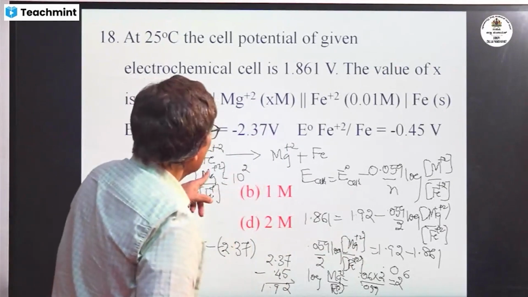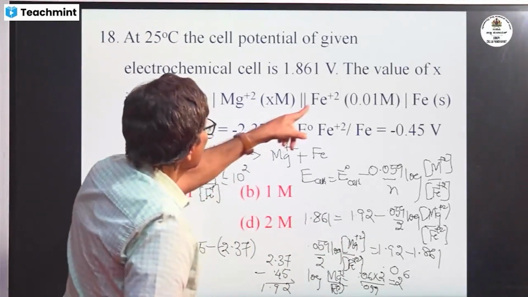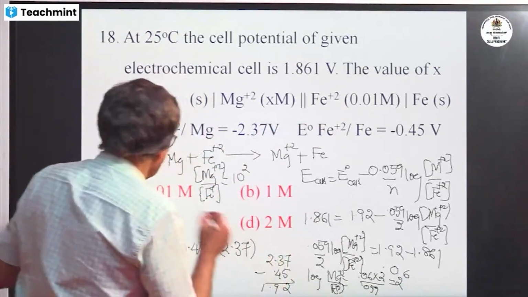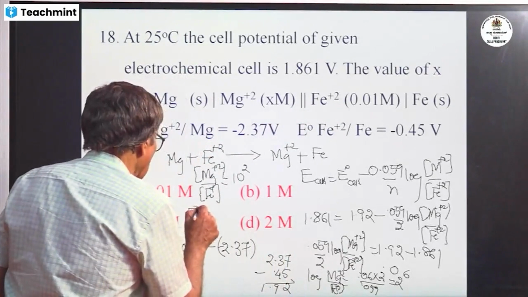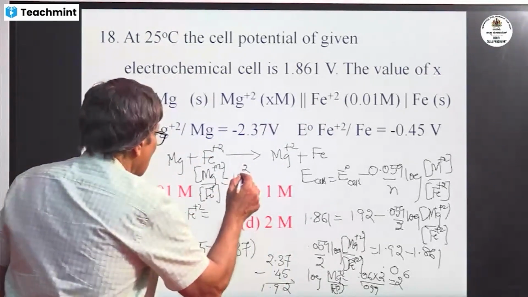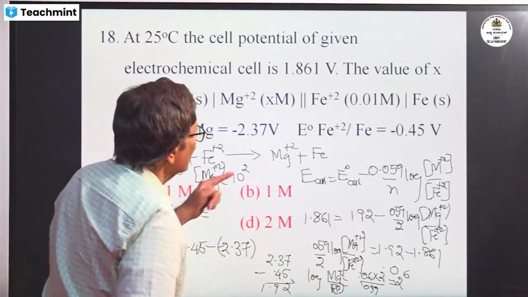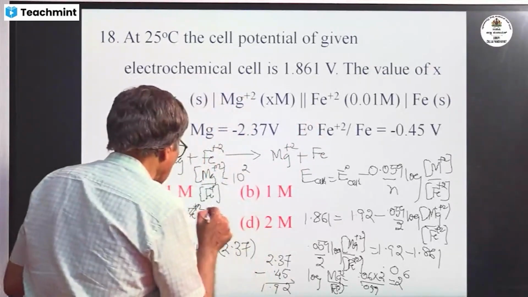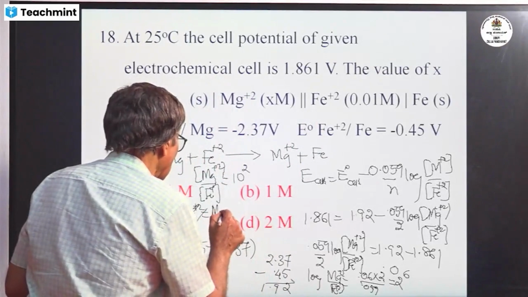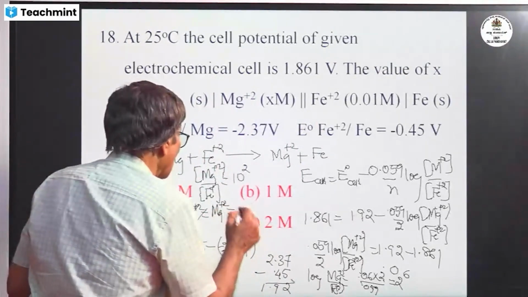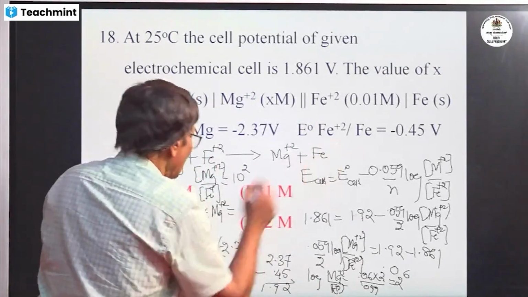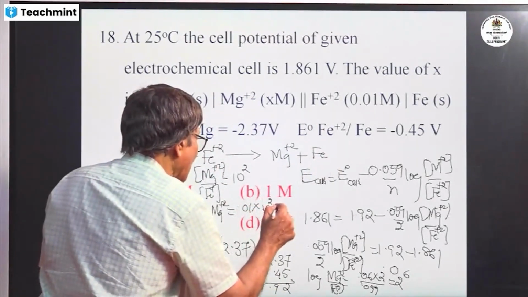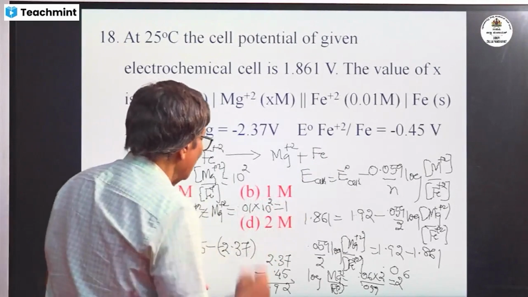Out of this, what they are given? Fe plus 2, they are given 0.01. So Mg plus 2 is equal to 0.01 into 10 to the power 2, which is 1 molar.